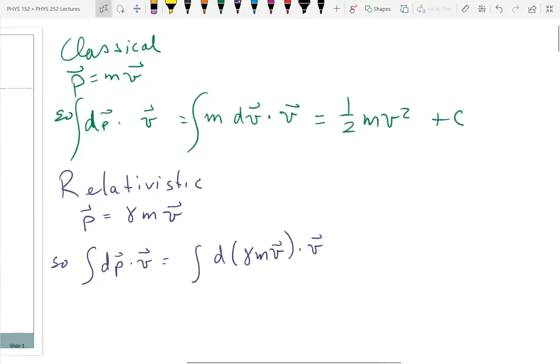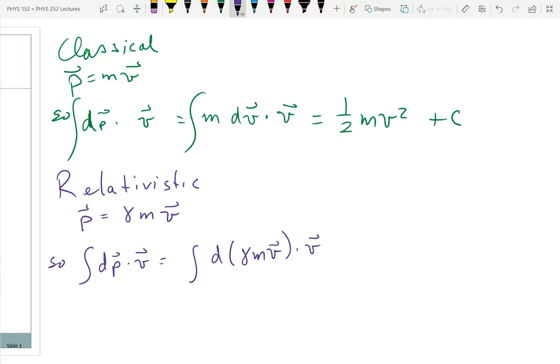Once again, with the dot product, I can drop off the vectors because dv is in the same direction as v. And m is a constant, so I'm bringing it outside of the integral. The derivative of gamma v, dot v.